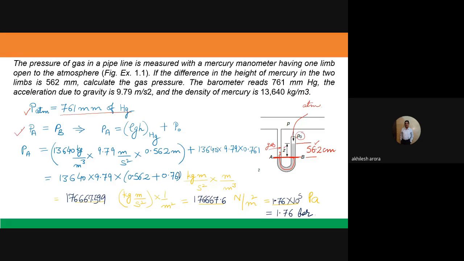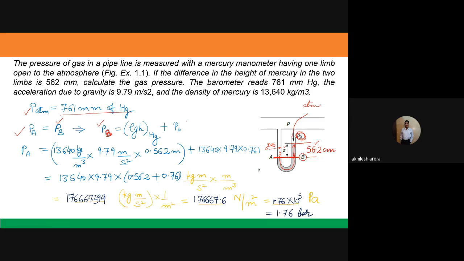Because the levels at A and B are the same, the pressure at A and B will be the same. So I will calculate the pressure at point B. One is the pressure which is acting here due to this level of mercury, which is above point B. And also there is the atmospheric pressure which is acting over it.